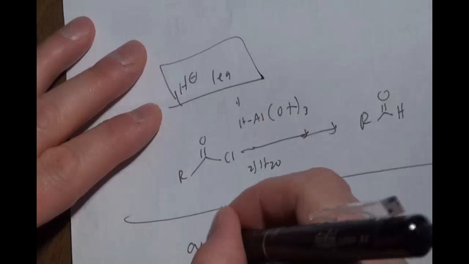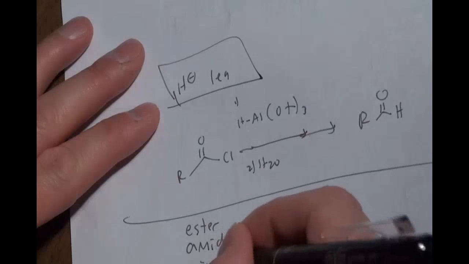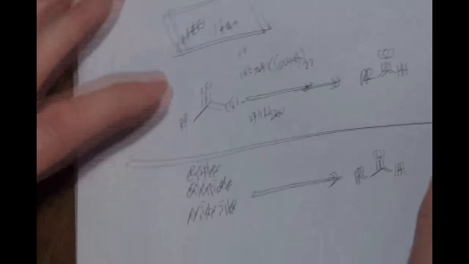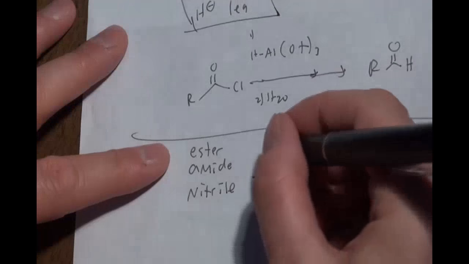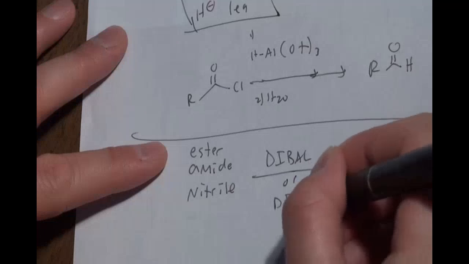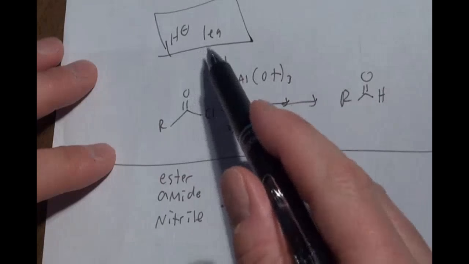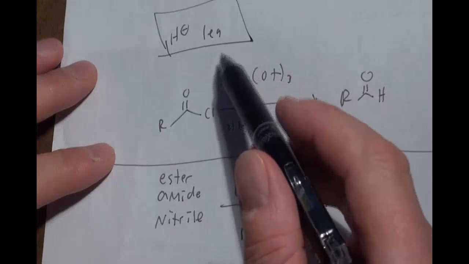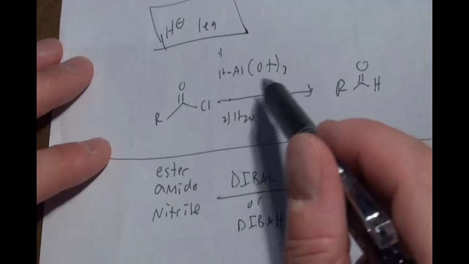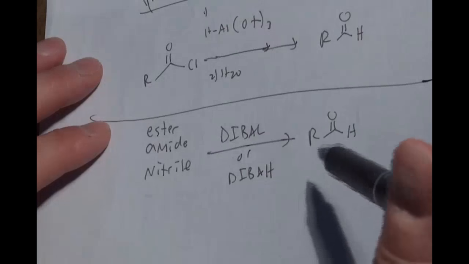Whereas if it's an amide, an ester, or a nitrile, then we use a different one, and that gives you aldehydes. What is that? That's DIBAL. So we have different versions of these H minus 1 equivalent reagents. For acid chlorides, it's tri-tert-butoxy aluminum hydride. For esters, amides, and nitriles, it's DIBAL. Cool.